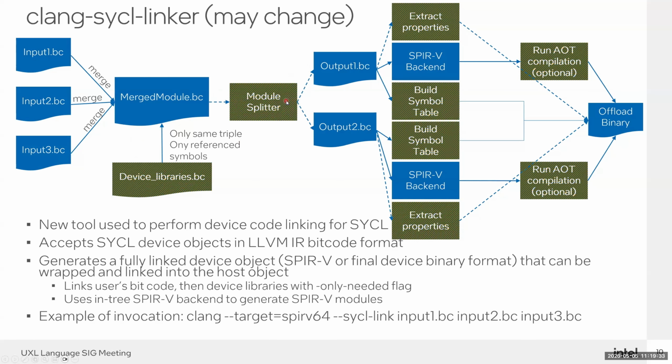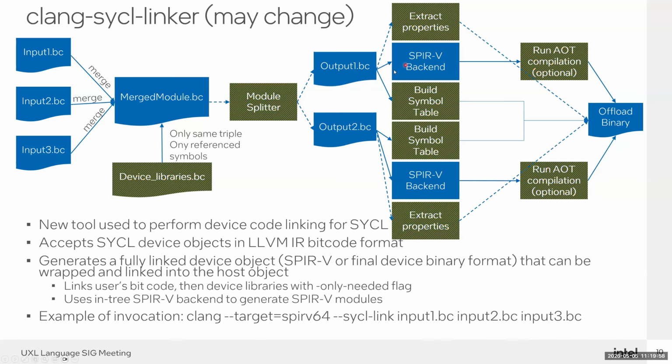So as an output of the module splitter, we are getting, for example, 2 output bitcodes, and then for each of them we also extract properties which will be needed by the SYCL runtime.